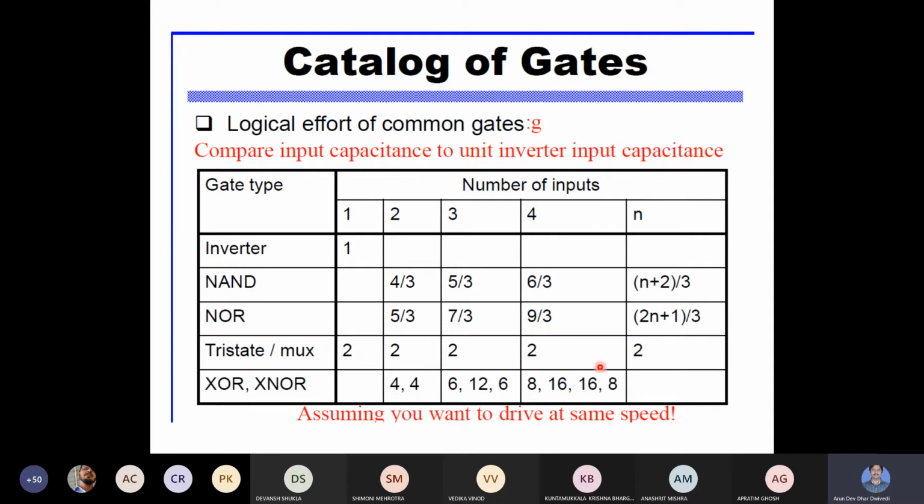For the tri-state and multiplexer, there are no such variations: the logical effort is 2 everywhere. For XOR and XNOR it is 4 and 4 both, and 6, 12, 6, some variations that we can see later on. So this is the idea about logical effort.